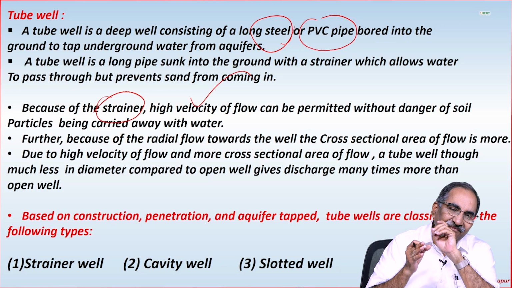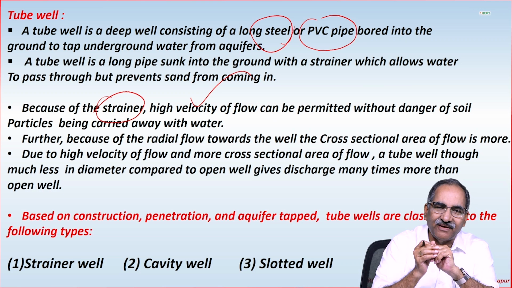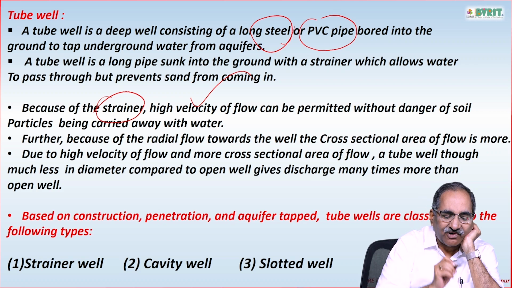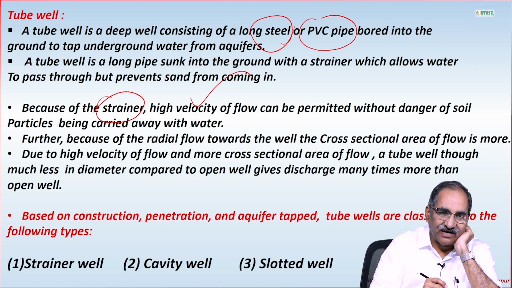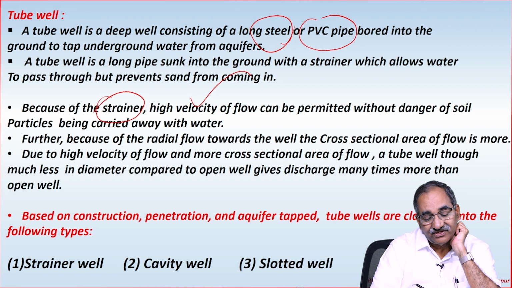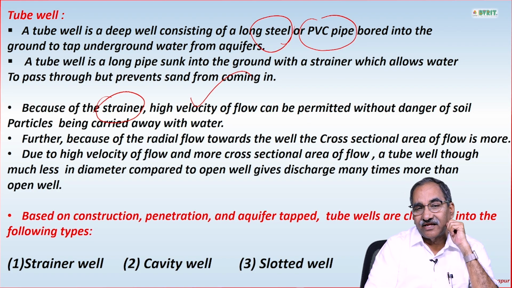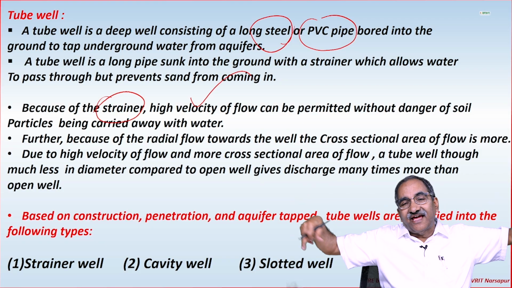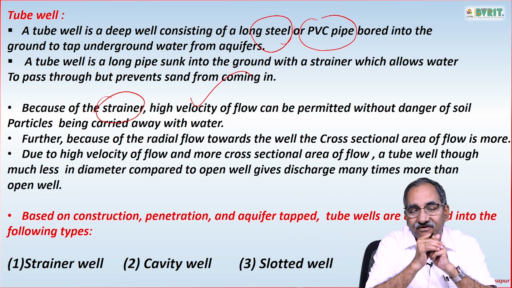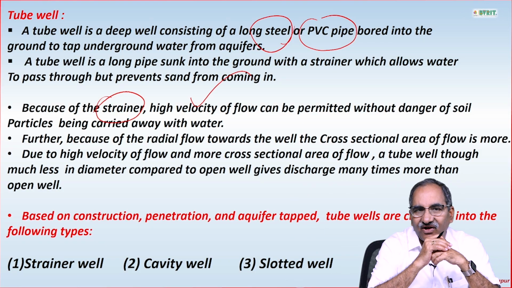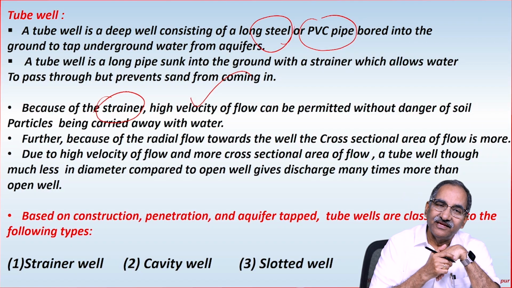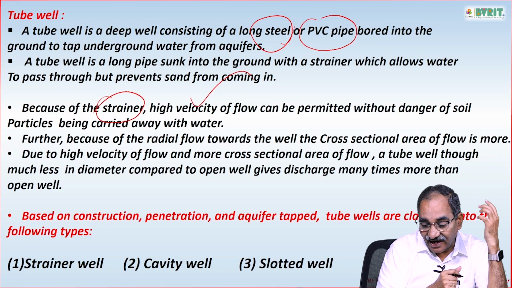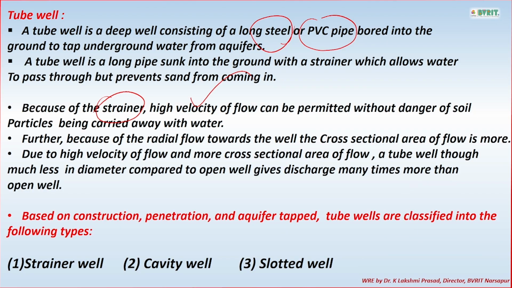If you want to prevent the entry of soil into the pipe, we need a strainer material, and that is the most important thing in the case of a tube well. In a tube well the velocity is very high, so the flow is in the radial direction. Because of that, the area from where the water is being drawn is also very high. Thereby the discharge through the tube well is much higher compared to the open well.